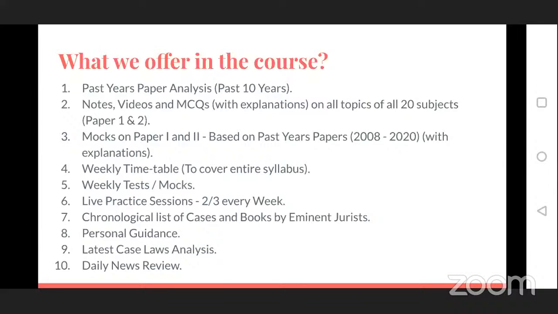And then we have a chronological list of cases and books of eminent jurists, which is very important, as you know that 10 questions are chronological. That means 20 marks are there on the chronological list itself.